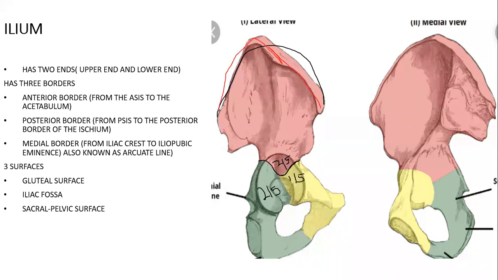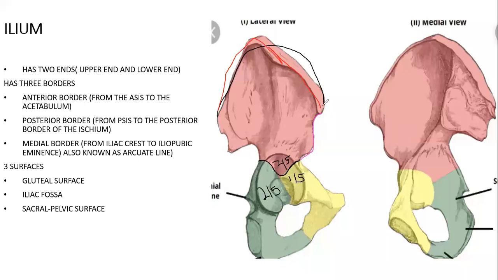Then when you look at the ilium, it has three borders. Okay. So what are those borders for the ilium? You have the anterior border, which is basically this one. It begins from the anterior superior iliac spine there.